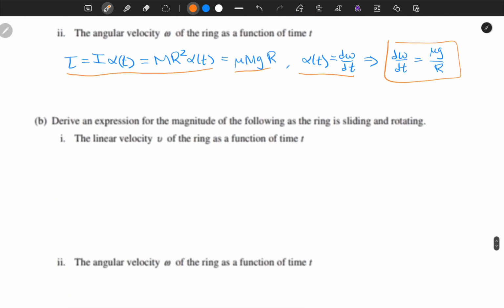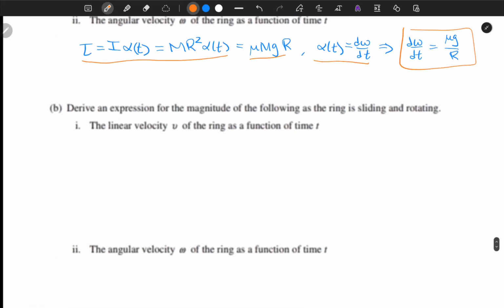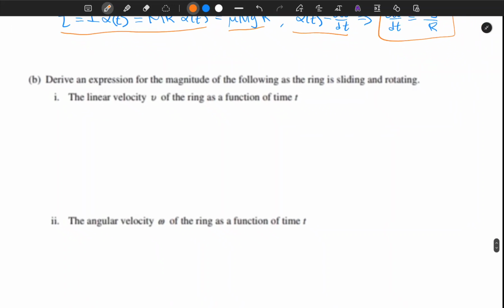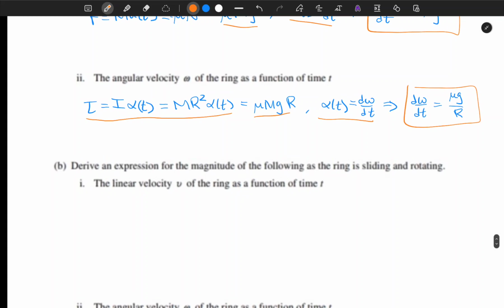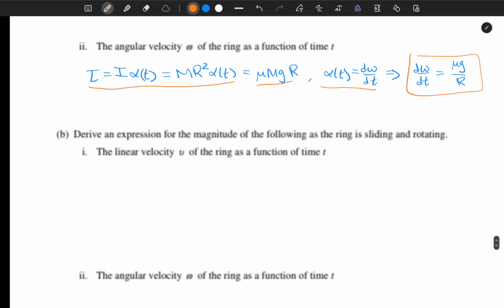Next, we wish to derive an expression for the magnitude of the following as the ring is sliding and rotating. Firstly, the linear velocity v of the ring as a function of time. That is, we wish to solve the following differential equation: dv/dt is equal to minus mu g.